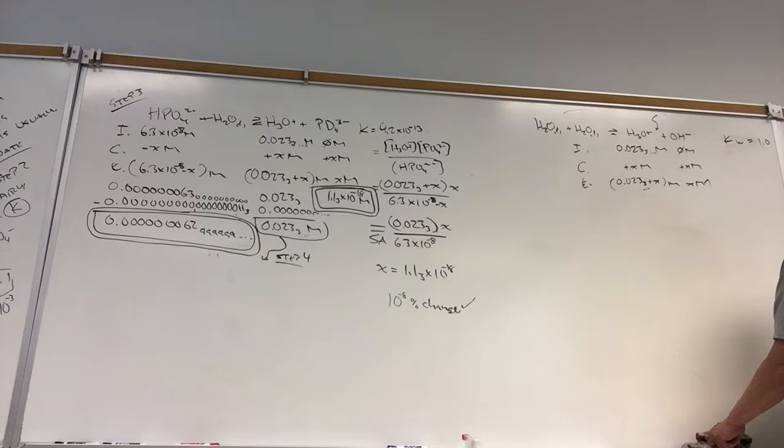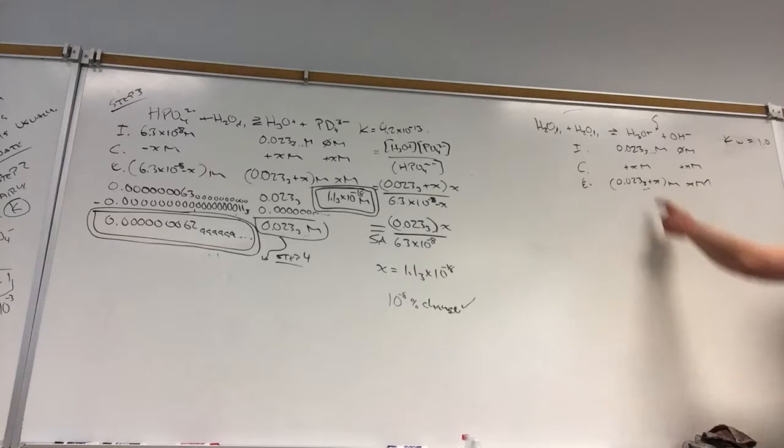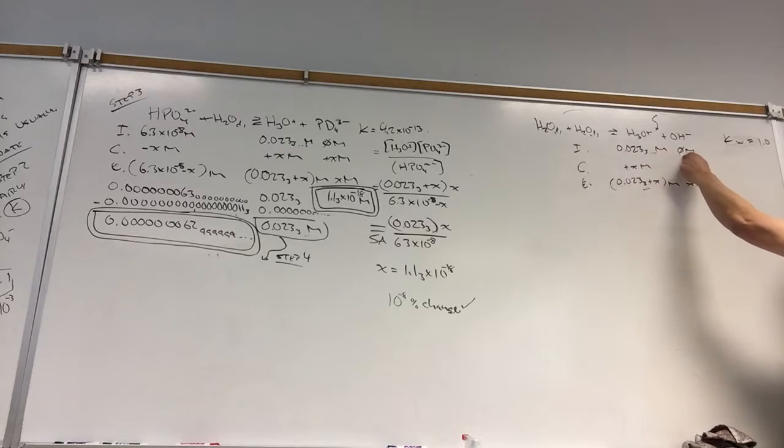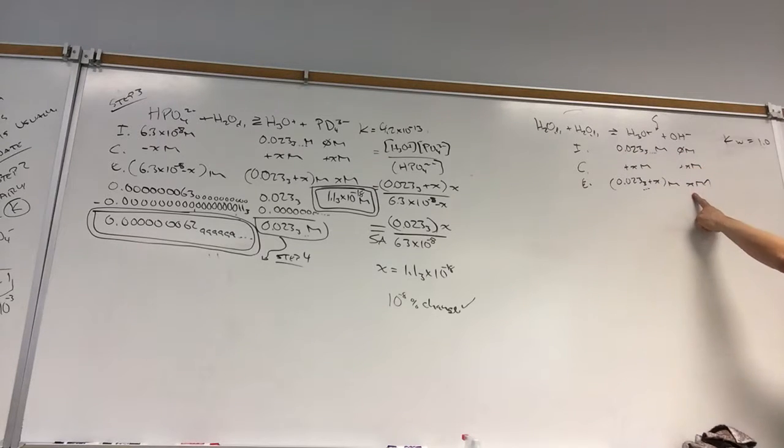And the simplifying assumption should have no problem because there's a lot of hydronium here. We don't expect to generate much hydroxide. The population of hydroxide cannot grow too big. And so this is going to just be 0.0233 times X. And X is equal to 4.29 times 10 to the negative 13. Okay.